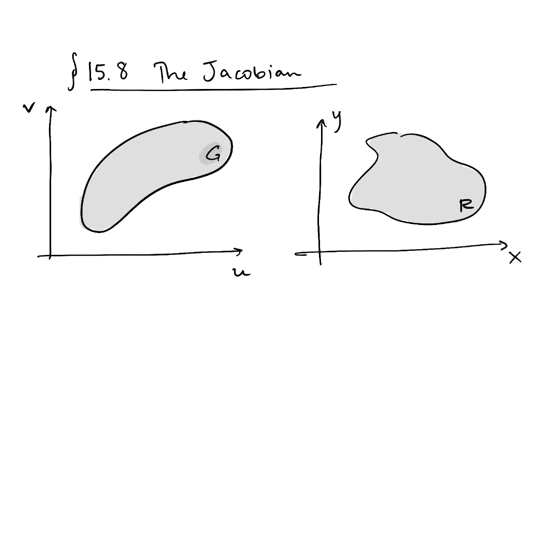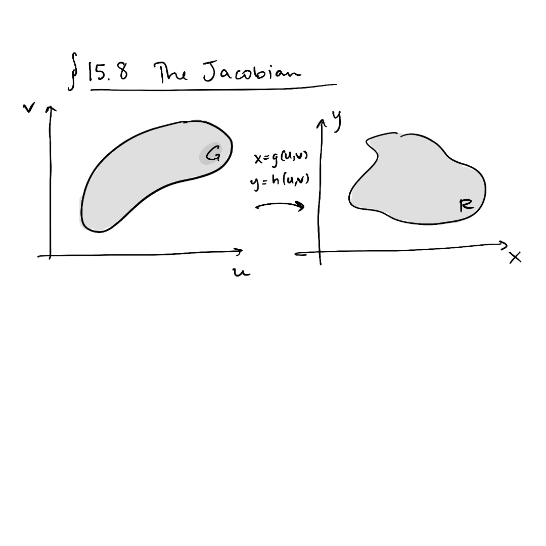Fantastic. Now, G and R are related in that X depends on U and V, and Y also depends on U and V. So in other words, X is some function of U and V, and also Y is some other function of U and V. So here we're calling the function that tells how X depends on U and V, G, and the function that tells how Y depends on U and V, H. So that's the relationship.